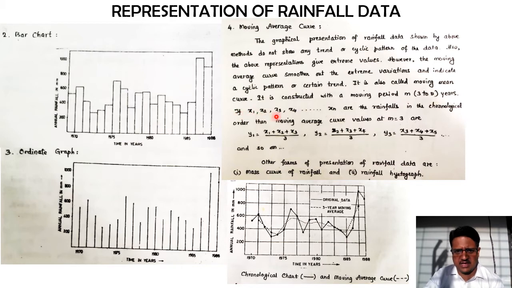If x1, x2, x3, x4 and so on up to xn are the rainfalls in chronological order, then the moving average curve values for m equals 3, that is for every 3 years, are given by y1 equals (x1 plus x2 plus x3) divided by 3, y2 equals (x2 plus x3 plus x4) divided by 3, and so on.